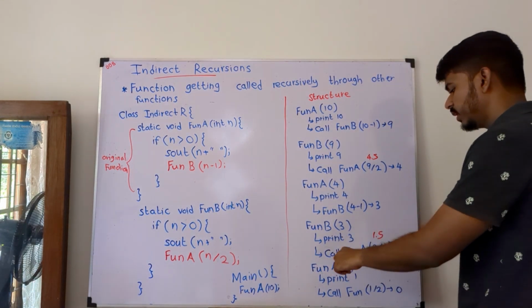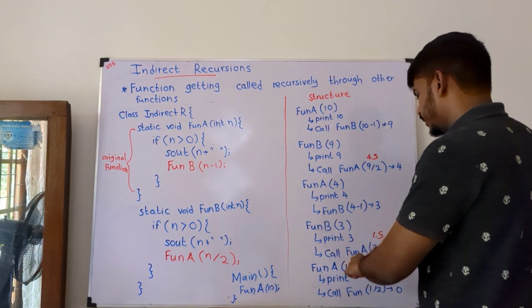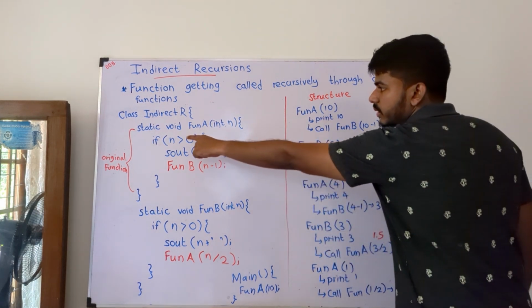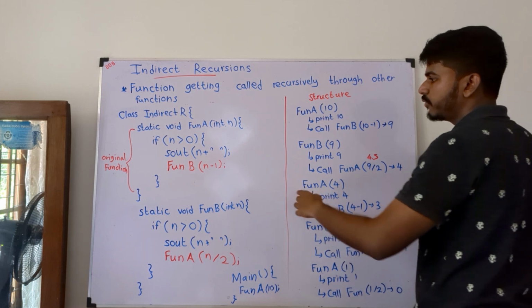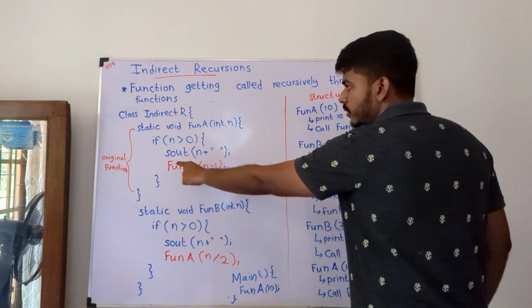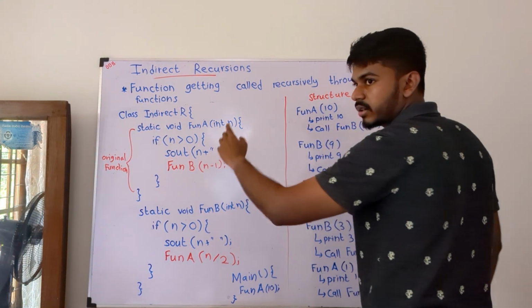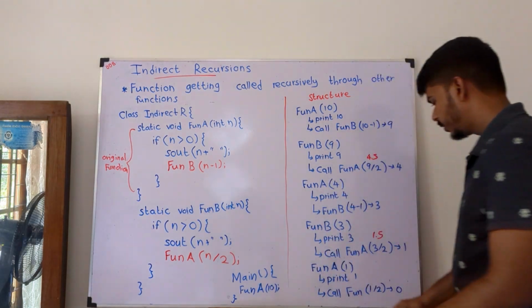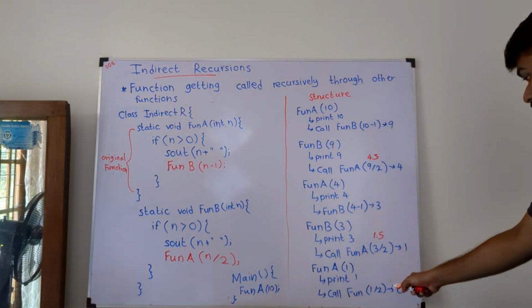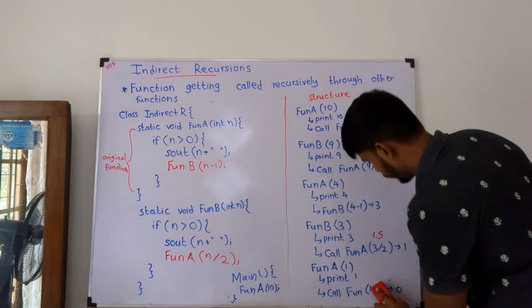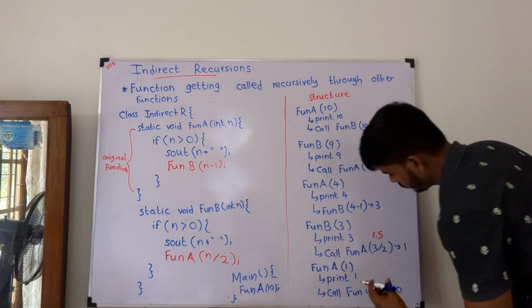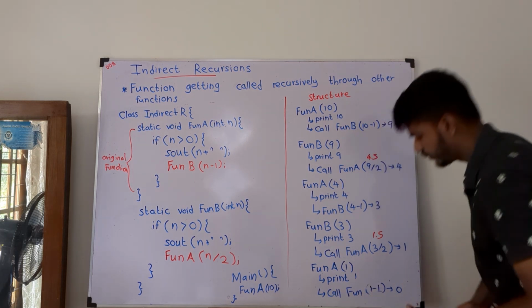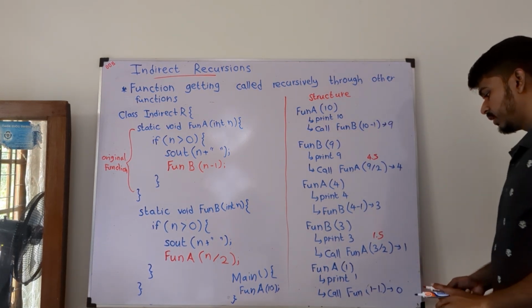So function A takes 1 as an argument. It checks whether 1 is greater than 0, yes. It prints that number. After that, it calls function B by subtracting 1 from 1, which is 0.